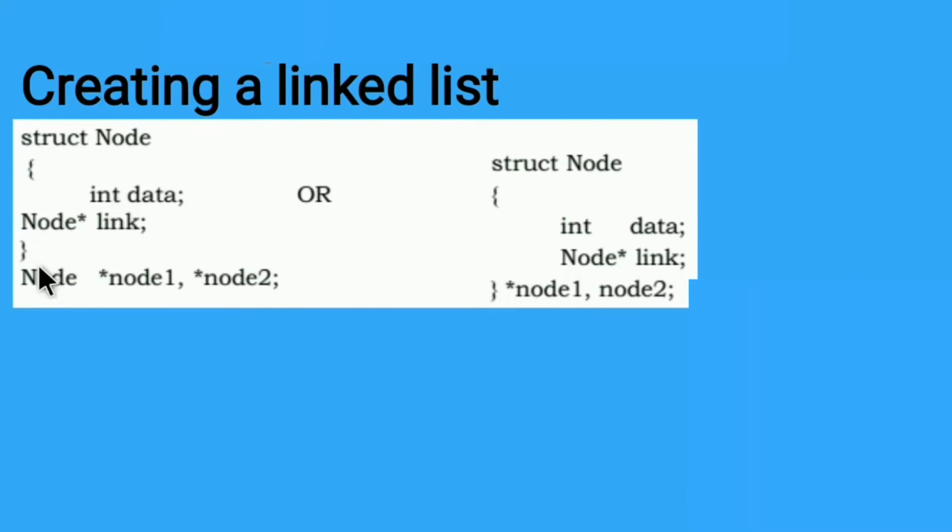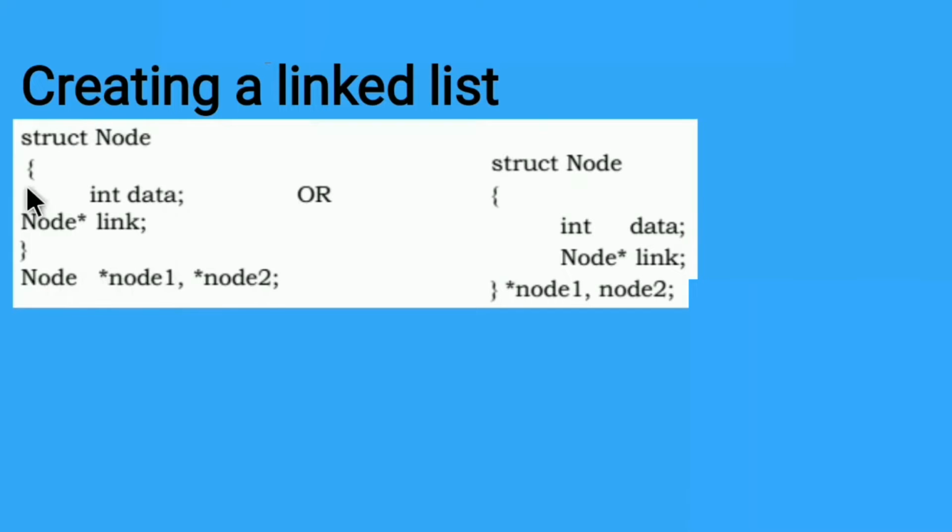Now you can see the curly closing brace, and after that we have written node. Node is the user defined data type, and then we have written asterisk node1, so it is a pointer variable of this type, and then comma asterisk node2. The asterisk is the indirection operator. This is the second object pointer of this type.